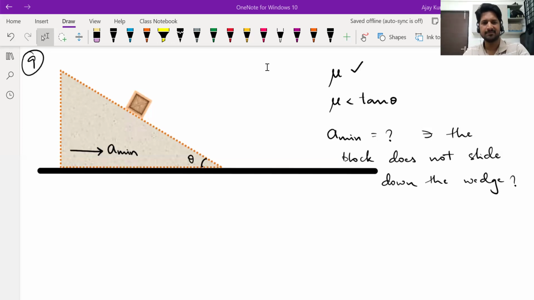Any answer? You are looking for the minimum acceleration for which the block does not slide down the incline. Okay, fine. Can one of you tell me the forces acting on the block?